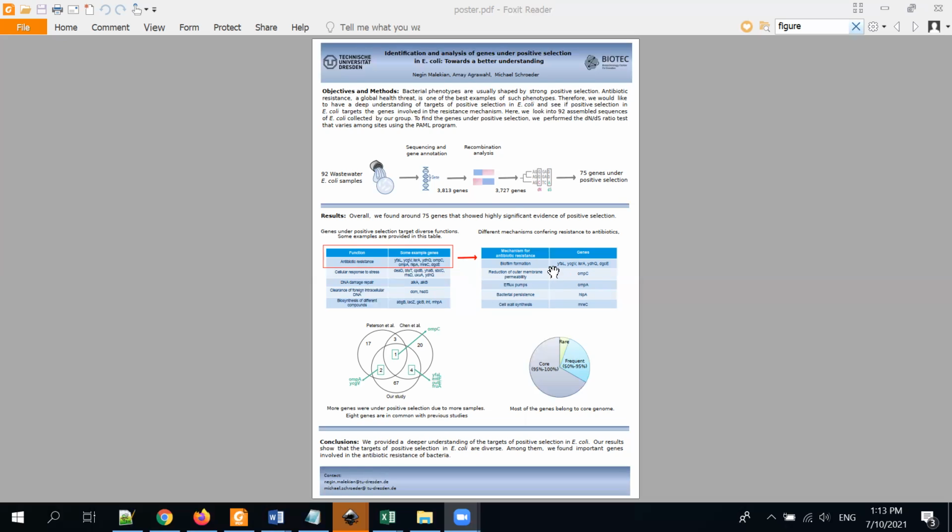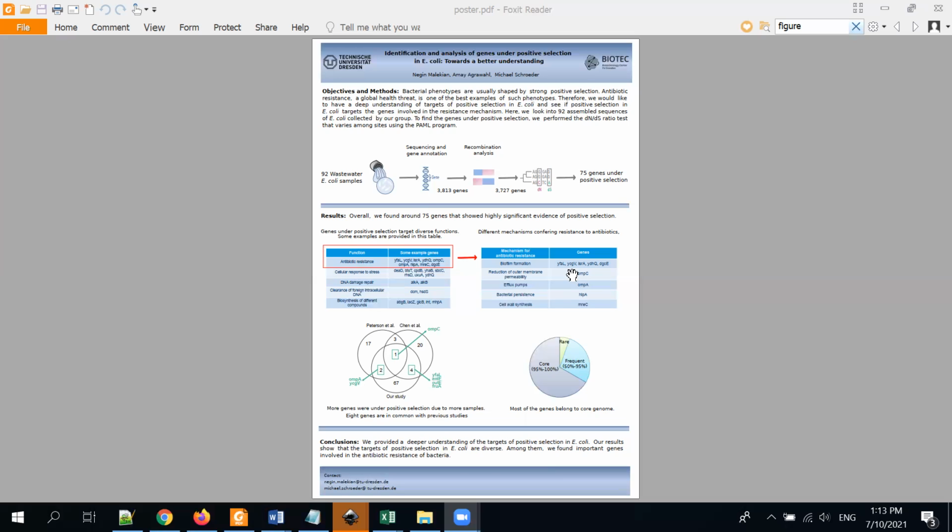For example, some genes like YfiL, YcgB, and so on are involved in biofilm formation. And biofilm formation is a known mechanism for bacteria to develop antibiotic resistance.